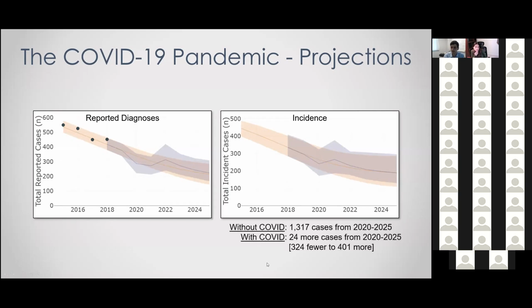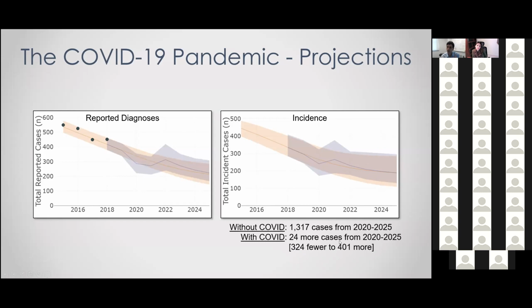Without COVID, this would be on average 1,300 incident cases from 2020 to 2025, and on average the COVID projections are only 24 more cases, so essentially a wash, but you have a big wide confidence interval. Anywhere from some simulations saying you have 324 fewer cases, which is about a 20-25% reduction of what you would have seen, to 401 more.